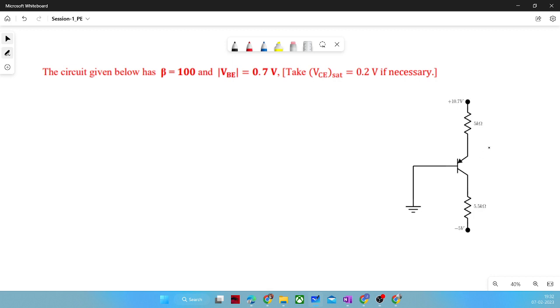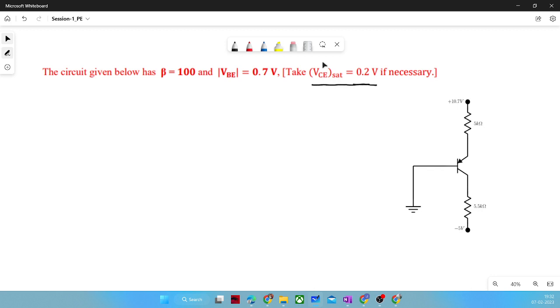So VCE SAT is generally given when the transistor is working as a switch, and the voltage drop across the switch would be equal to VCE SAT. And if you operate in linear region, the voltage drop across the switch will be much higher than VCE SAT. And this VCE SAT value is very important.